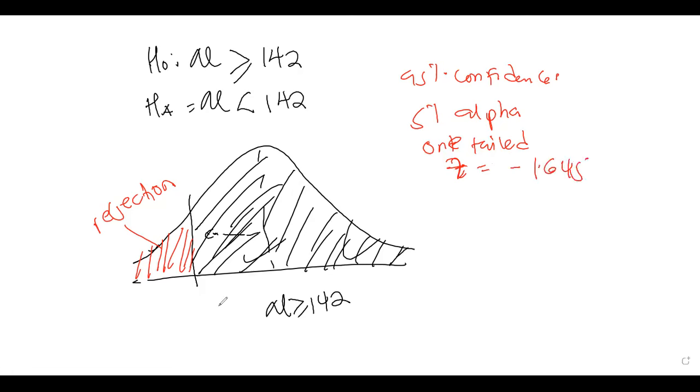So on the left-hand side, it will be negative 1.645. There's no right-hand side. If there was, that one would be positive 1.645. But there's nothing like that, it's just one tail. And I showed this in the video before this video.